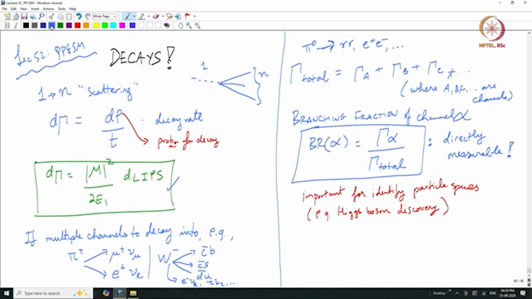For example, suppose I have a Lagrangian with three different scalars, an interaction among three scalars.